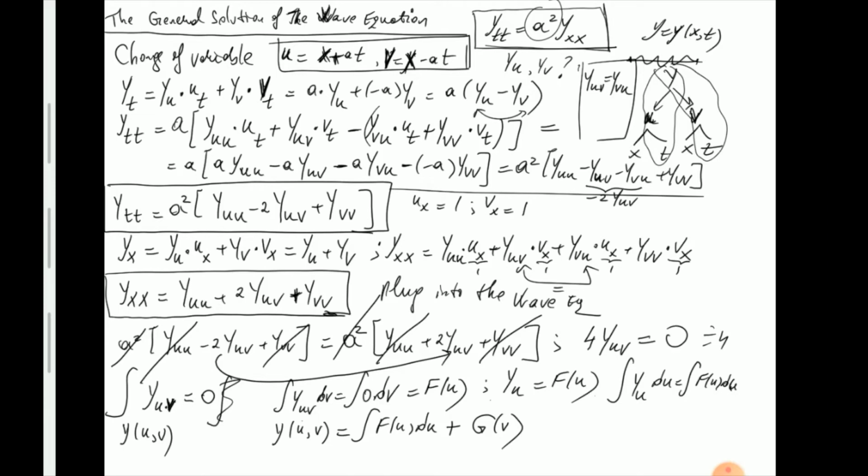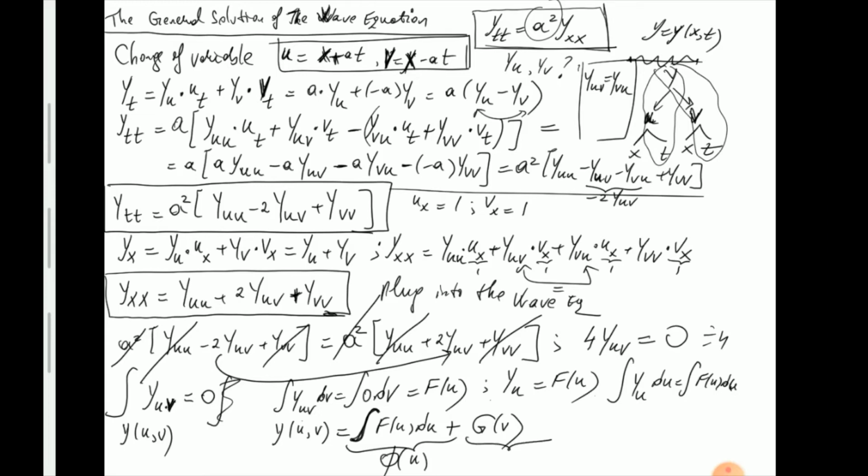Just to make things easier, we're going to make a renotation for these functions because we don't want to keep the first piece in terms of an antiderivative. That's just an antiderivative with respect to u, which is just another function of u. So we can rename this, to use the notation in the book, a function called big phi of u.